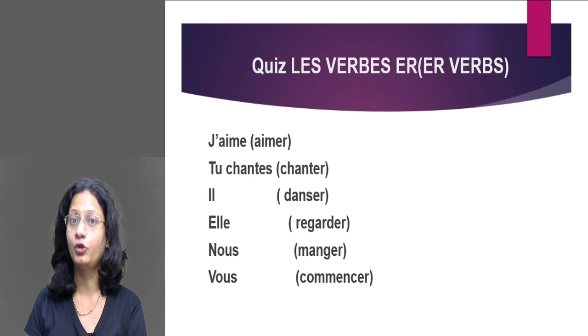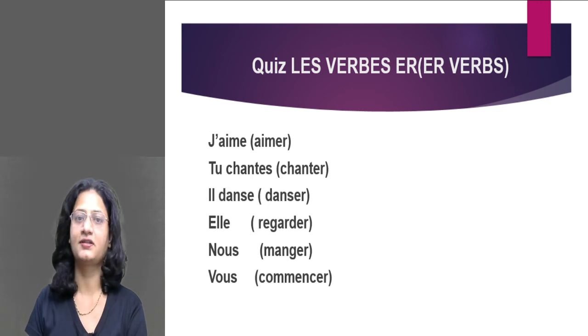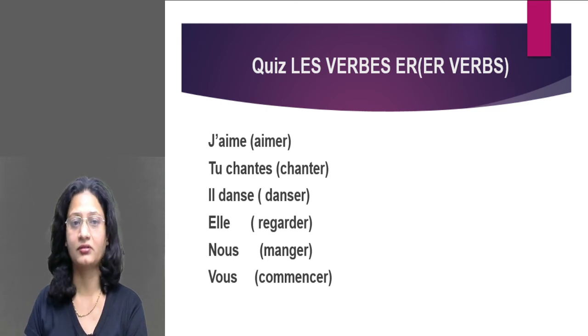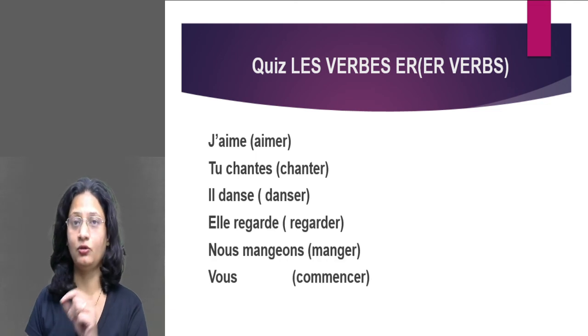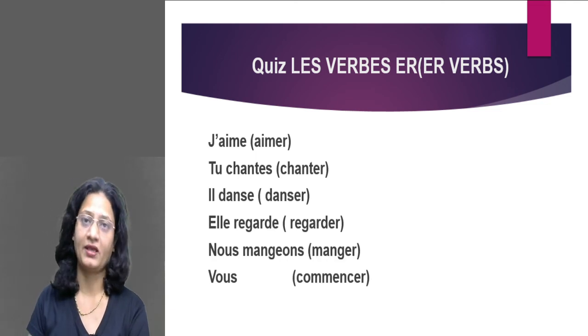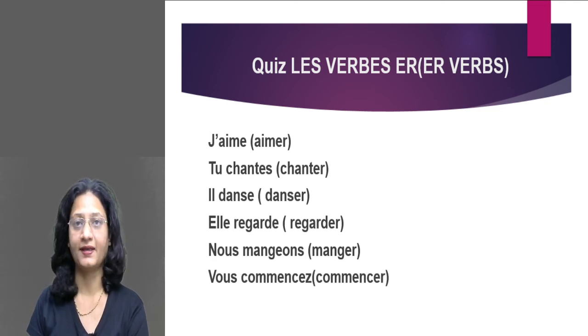Then for danser, il danse. Correct. For elle, regarder: elle regarde. Very good. Now nous mangeons, with an e. Nous mangeons. Yes. And for commencer, vous commencez. Okay.